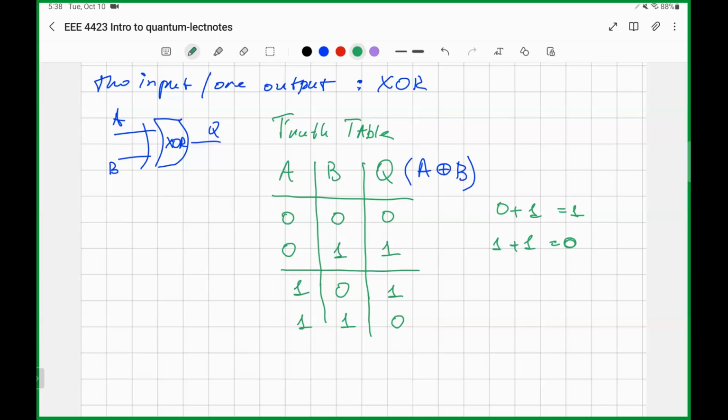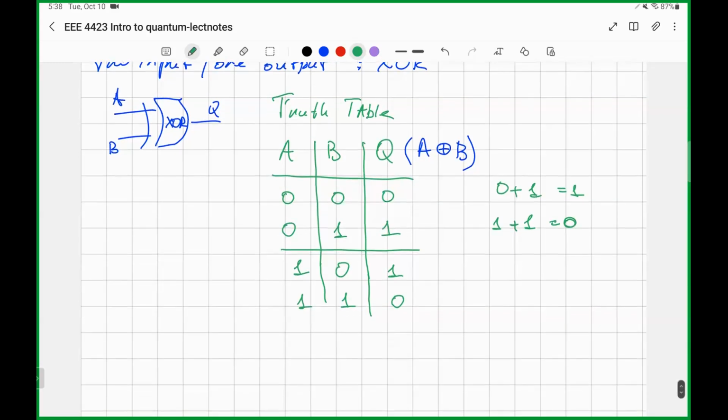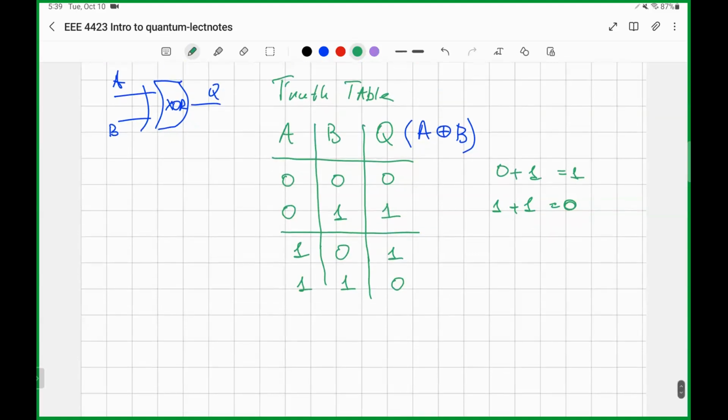However, there is another way to think about it: you use the first input as a control and the second one as a target. Depending on the control, you either flip the target or not. If A is 0, you leave B unchanged, and if A is 1, you flip the state of B.